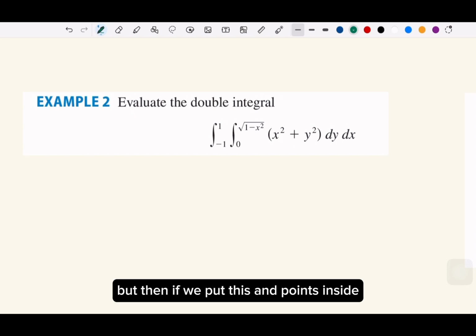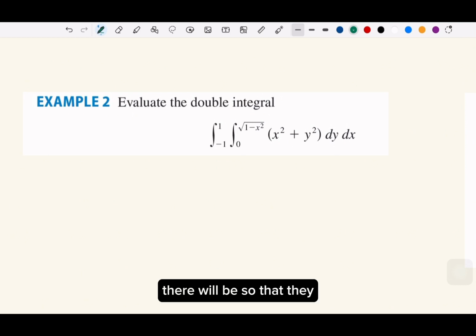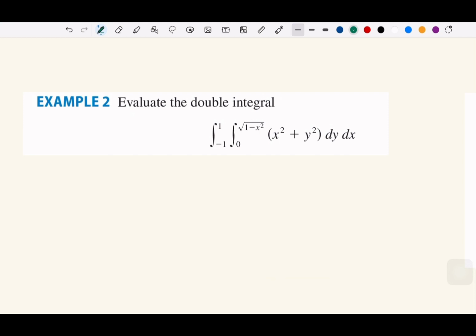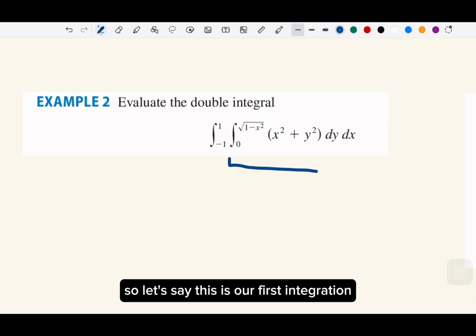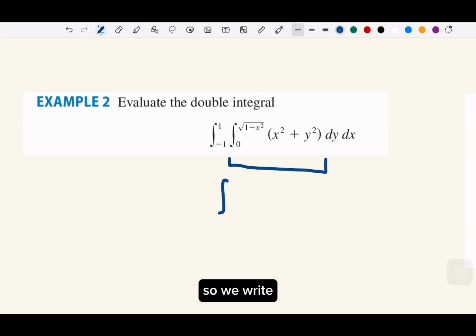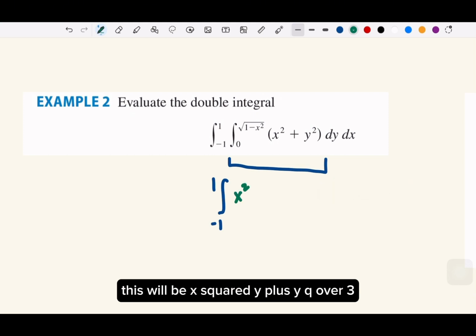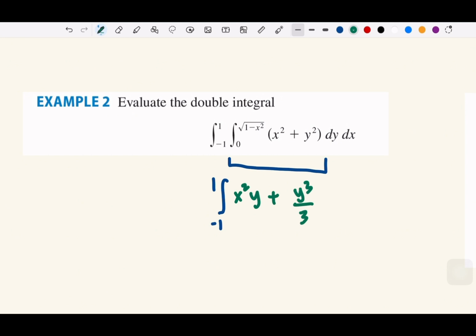Then if we put these endpoints inside, let's say this is our first integration, so we write this will be x squared y plus y cubed over 3, from 0, and we still have dx.